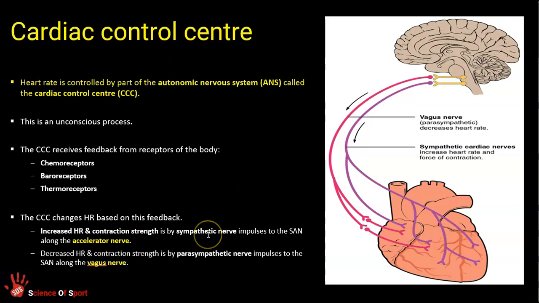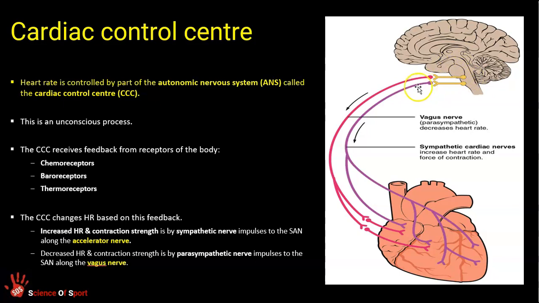Your autonomic nervous system has two sides: the sympathetic side, which tends to speed things up, and the parasympathetic side, which tends to inhibit or slow things. So the brain goes, right, we've got loads of CO2, maybe some waste products, we need to get rid of it, let's circulate more blood.